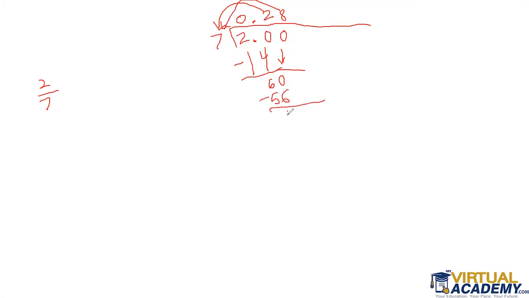Subtract, we get 4. Didn't get 0, so we have to do a 0, bring it down. 7 goes into 40 5 times because 5 times 7 is 35, right? Subtract, you get 5. Create another 0, bring it down.